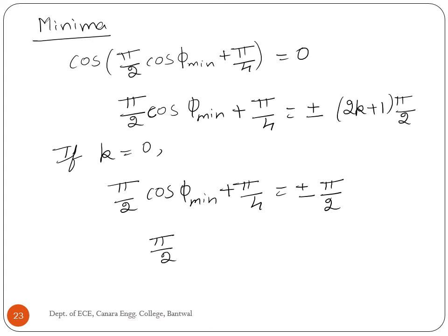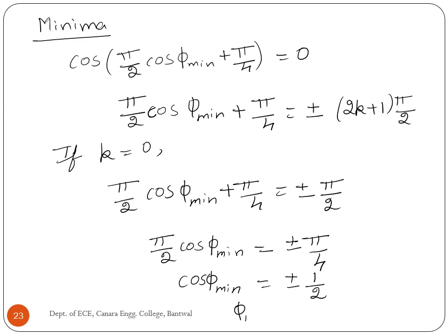Pi by 2 cos phi is equal to plus or minus pi by 4. So cos phi is equal to plus or minus half. Therefore, phi is equal to plus or minus 60 degree.